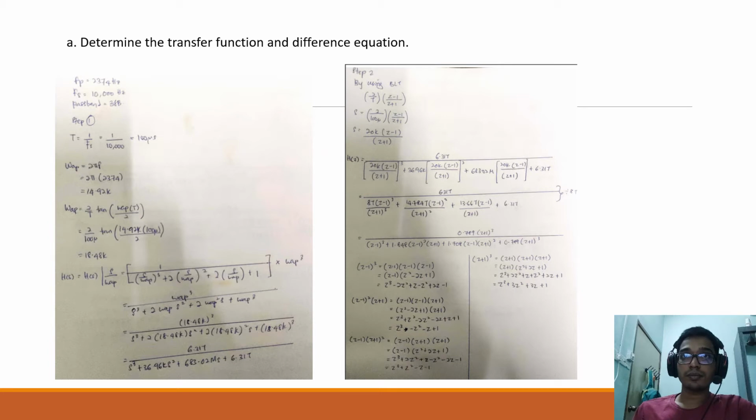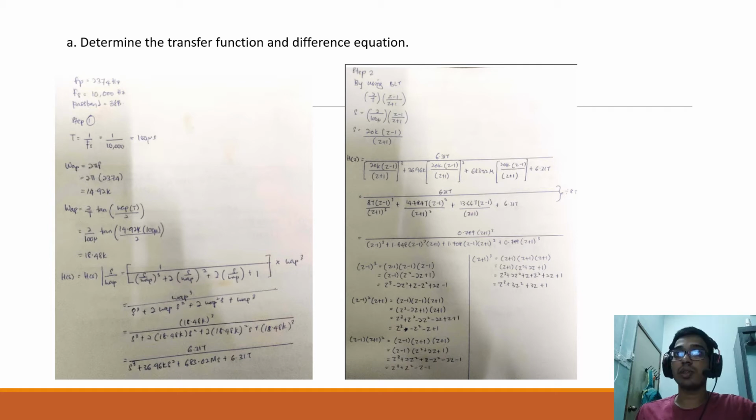For step 2, which is using BLT, the formula given is 2 per T times z minus 1 divided by z plus 1.